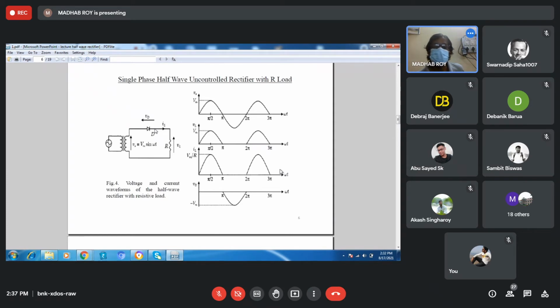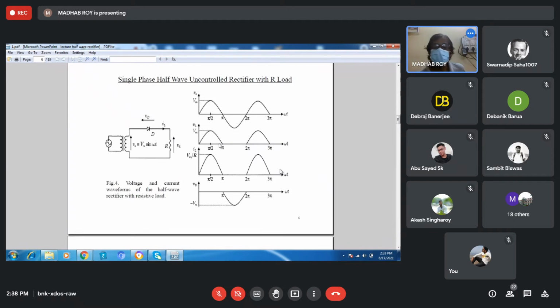So it is in the reverse condition, and we have already considered the diode as ideal. So there will not be any reflection of those quantities, that means the reverse recovery time, voltage drop, etc. So we directly get zero voltage at the output from pi to 2 pi. There will not be any voltage, and there will be no current.